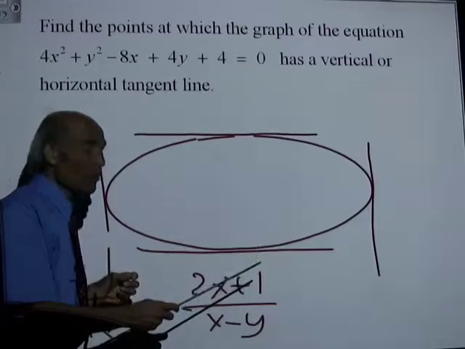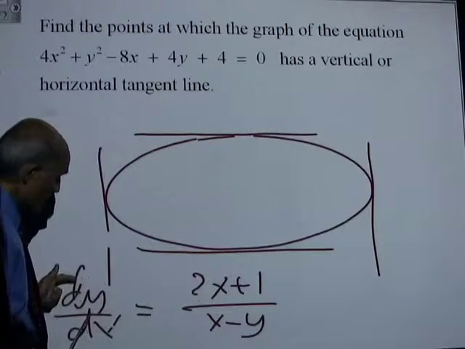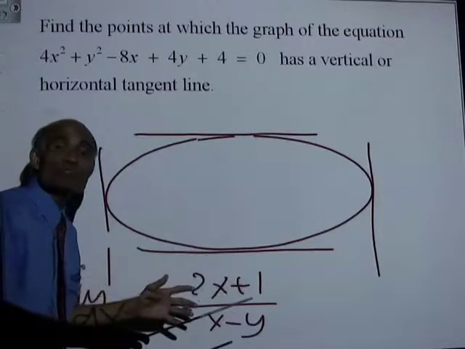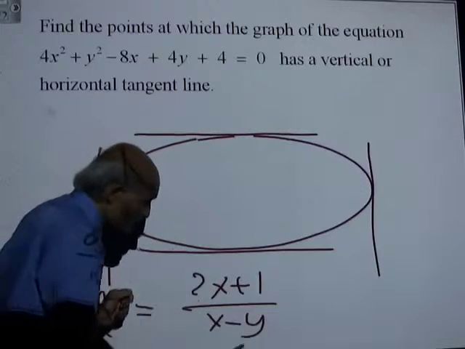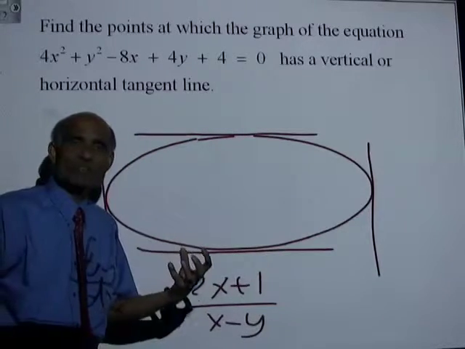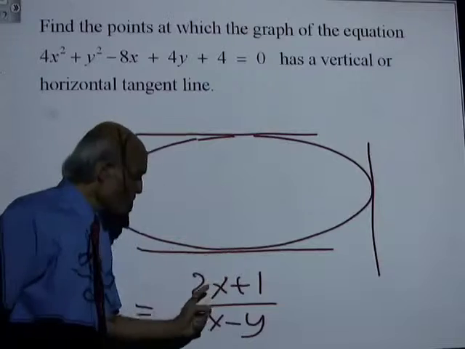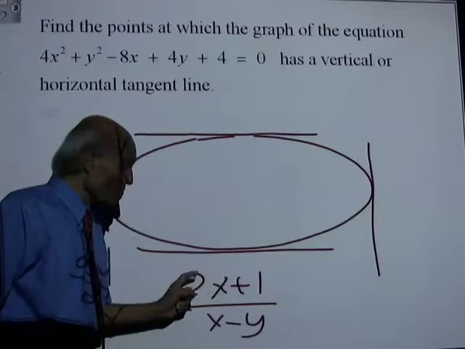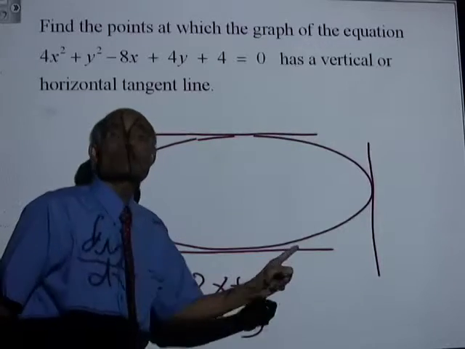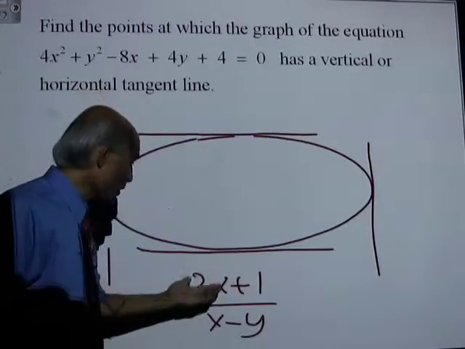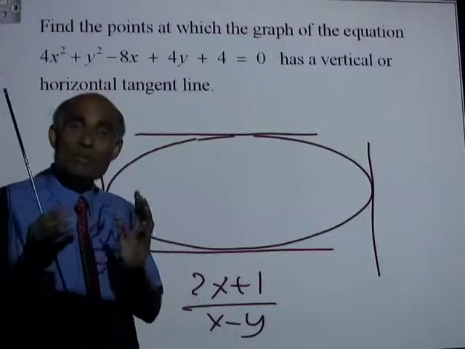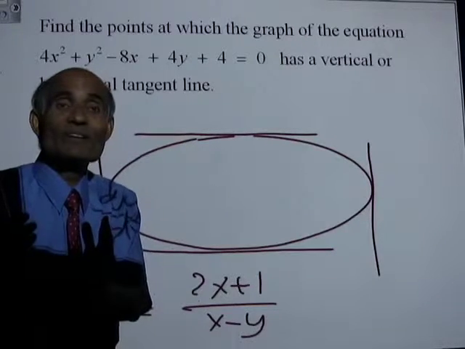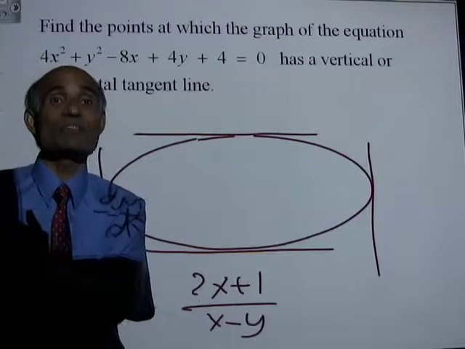Horizontal tangent line occurs where dy by dx equal to 0, and an expression like this, a rational expression, becomes 0 when the numerator equal to 0, isn't it? So we set the numerator equal to 0 and solve for x.